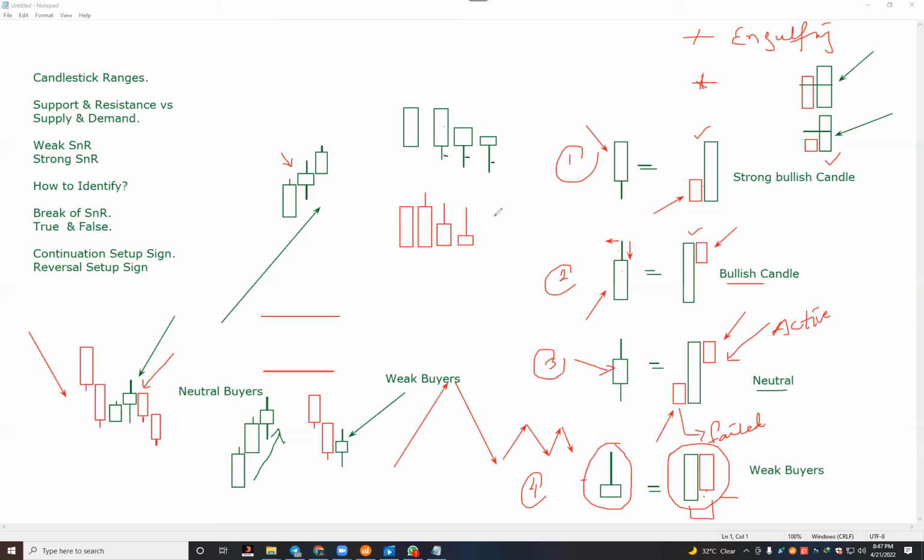So I'm going to ask one question. If you understood this topic, then give me the answer. I'm saving this picture here, and then I'm going to remove some of the drawing. Then I'm going to ask the question. If you give me the answer correctly, then I will move on.